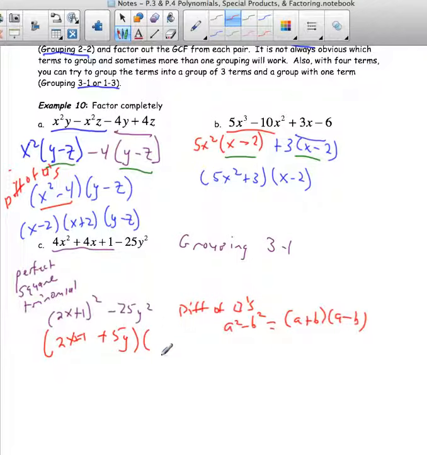And we'd also have 2x plus 1 minus 5y. There's really not much else we can do with this. There are no common factors that we can take out in either set of parentheses. So this is it. We factored it. 2x plus 1 plus 5y, 2x plus 1 minus 5y.